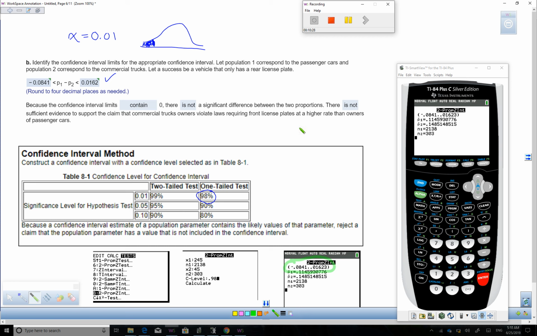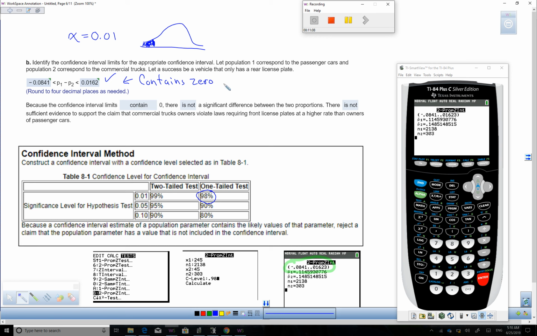Well, if you remember the rule to reject or fail to reject the null hypothesis, whenever the confidence interval contains 0, and in this case this confidence interval contains 0, because this interval has a negative number on the left limit and a positive number on the upper limit, it contains 0.